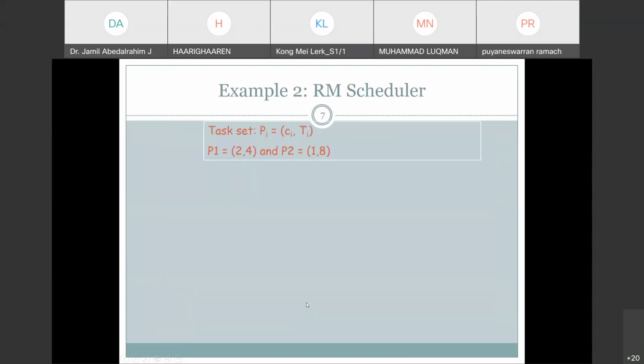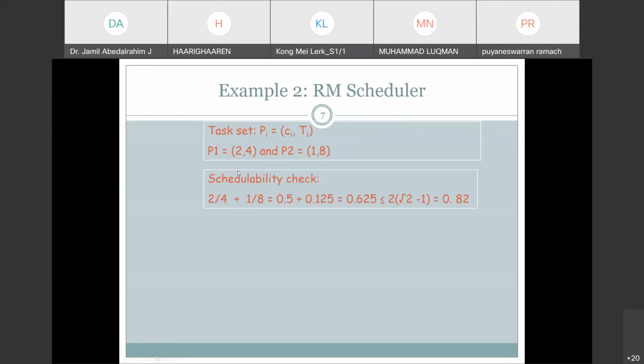Let's take this example, a task set with capacity and period. Task 1 has 2 execution time with period 4, and task 2 has 1 with 8. How do we test schedulability?